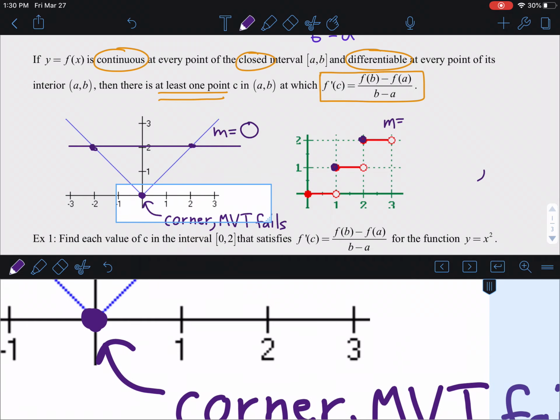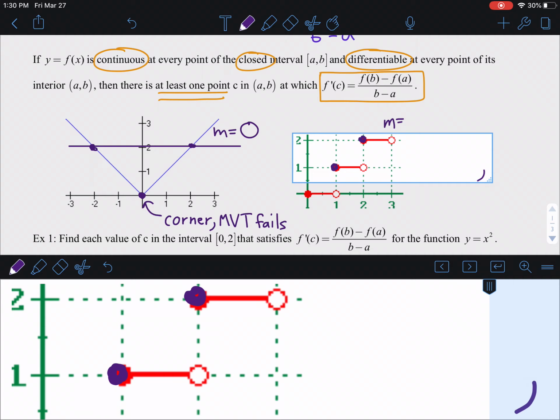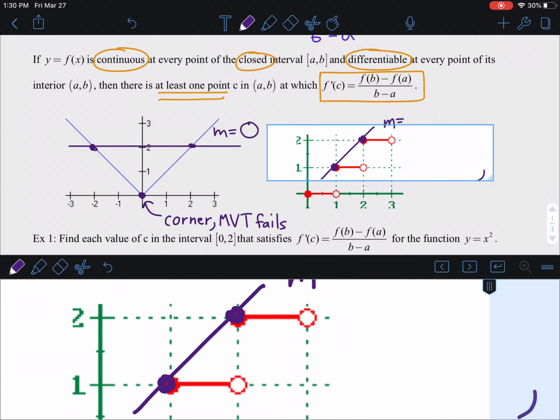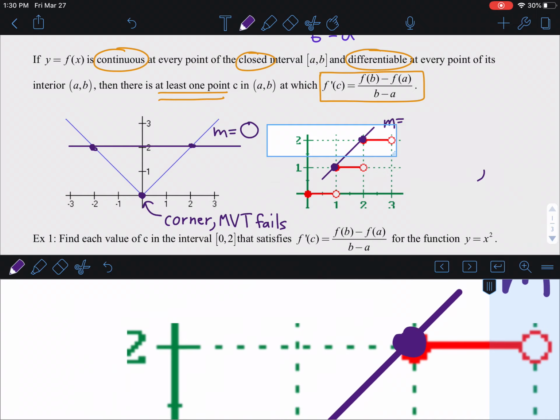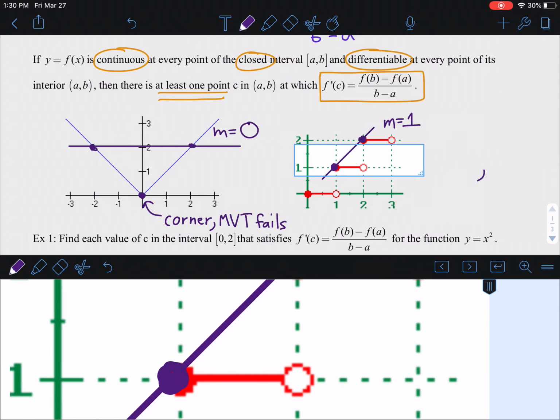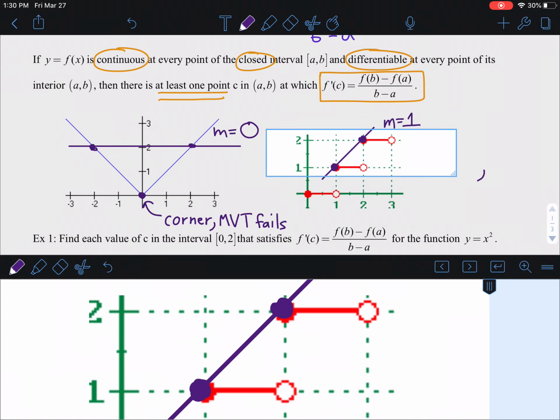Okay, let's take a look at another graph. How about the step function? So I have 2 points picked here at (1, 1) and (2, 2). Draw my secant line that connects those, and that line has a nice easy slope of up 1 over 1, right? But in between those 2 points, so again, this is from x equals 1 to x equals 2, is there any point in the middle there that has a tangent line with a slope of 1?